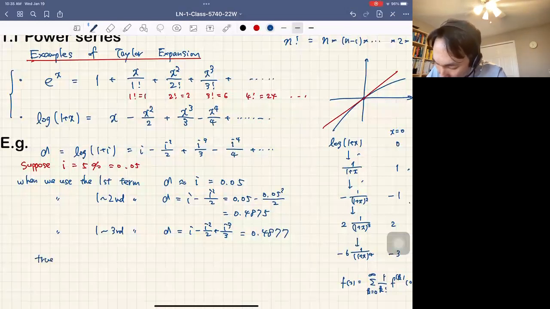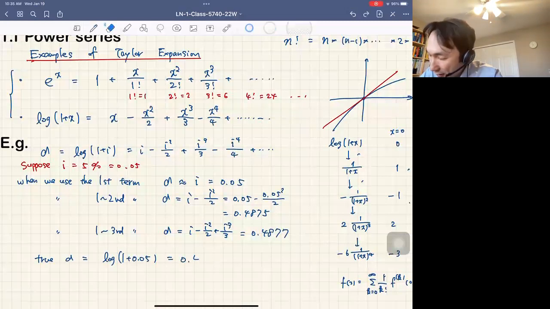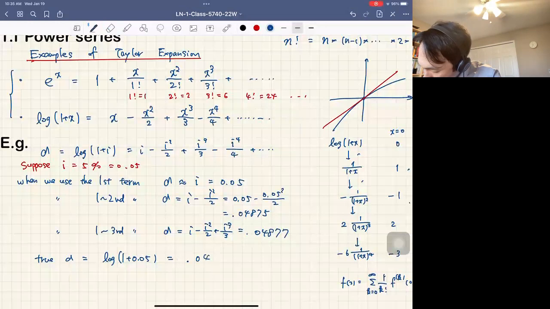So the true delta, that is log of 1 plus 0.05, is 0.04879016.